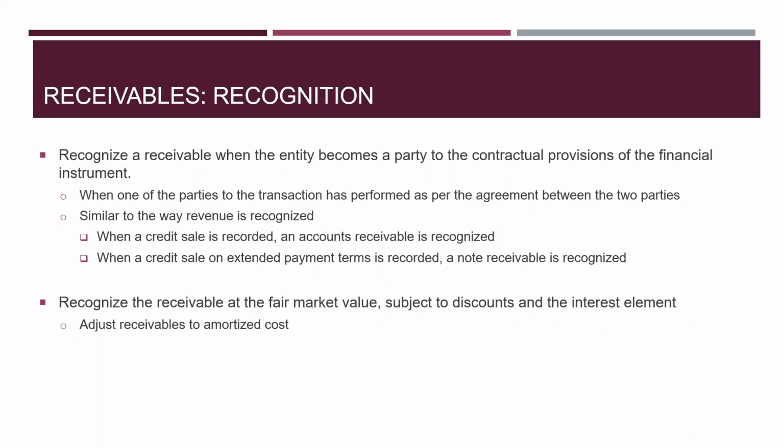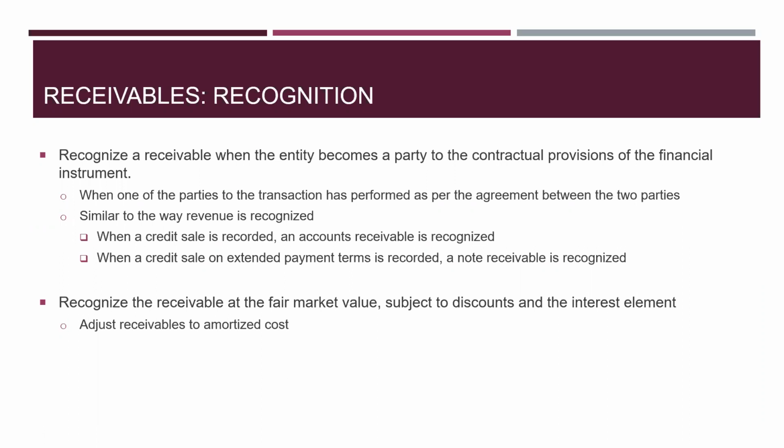Recognition is the process of bringing these receivables onto the books. These receivables have to be recognized by the entity when they become a party to a contractual provision of the financial instrument. What that means is when one of the parties in the transaction has performed, they are able to go ahead and recognize that receivable.